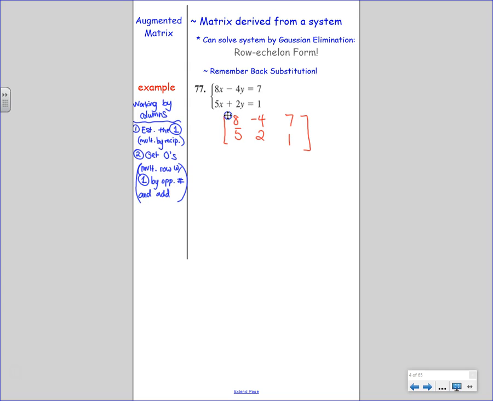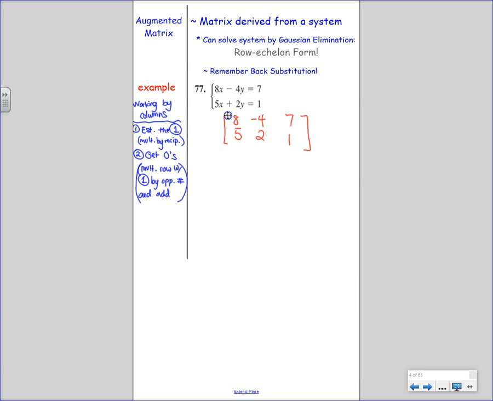Okay. The idea of doing row echelon form in matrices is to work by columns. We're trying to get each column to be what we need it to be. Now, if we're just doing row echelon form, that's the one where we use back substitution in order to solve. Wait a minute. For row echelon form, let's remember the stair step.